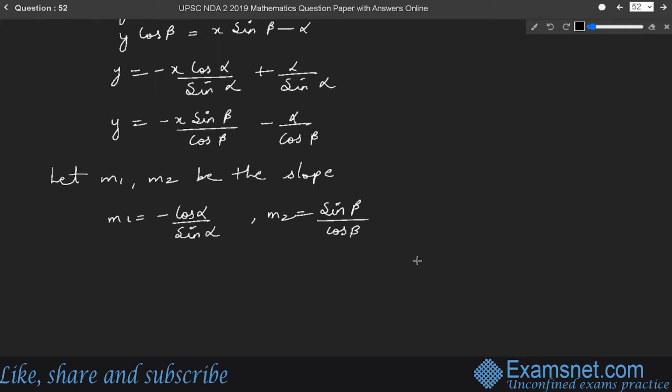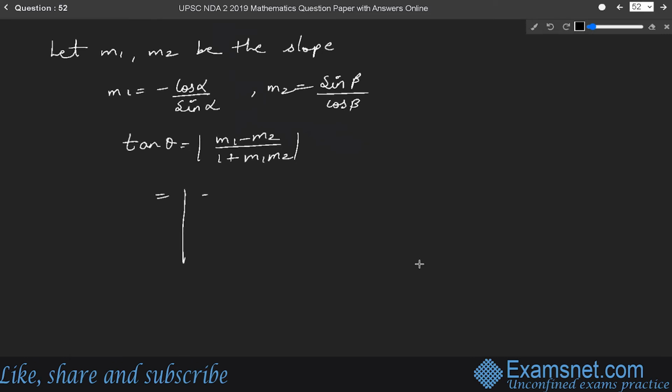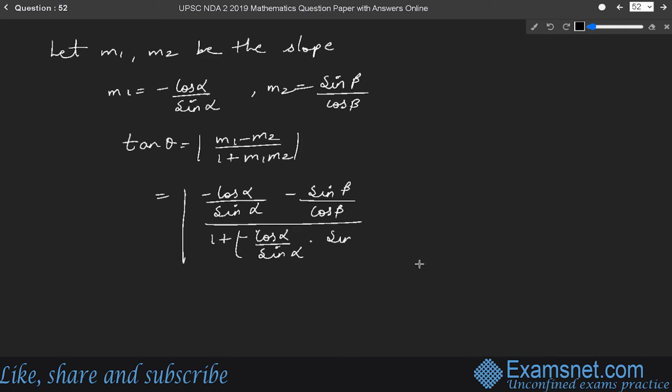Let theta be the angle between the lines, then tan theta will be equals to modulus of m1 minus m2 divided by 1 plus m1 into m2. So this will be equals to modulus of minus cos alpha divided by sin alpha minus sin beta divided by cos beta, whole divided by 1 plus minus of cos alpha divided by sin alpha into sin beta divided by cos beta.